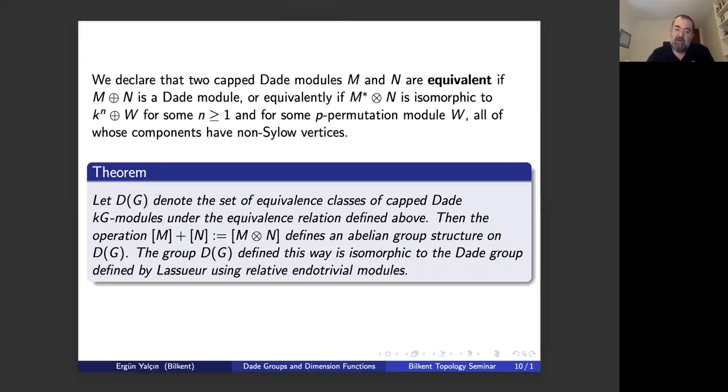Here many copies are allowed, but those copies all have to be isomorphic. So this is our definition, and we prove that it gives you the same group as Lassueur's group. So it's not a different group, but the definition is slightly different.